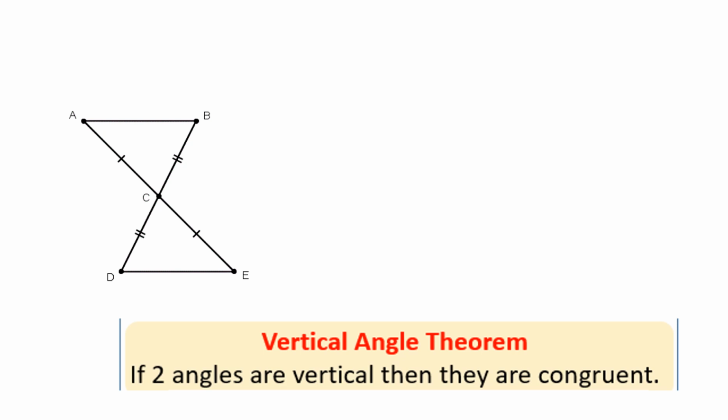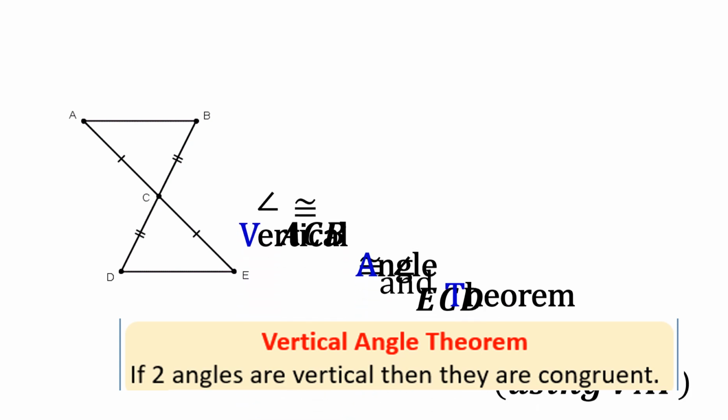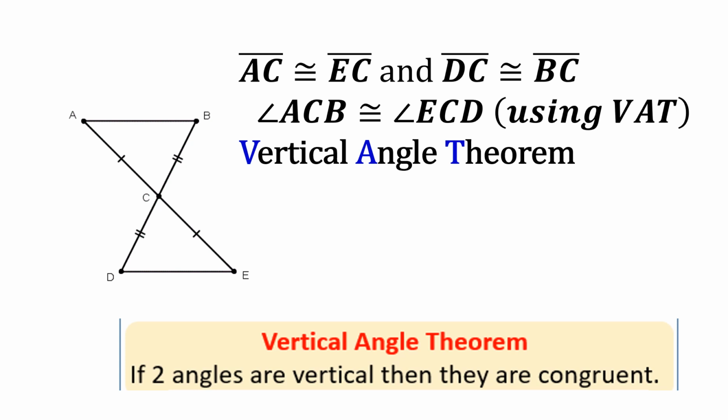Fourth exercise. Side AC is congruent to side EC, and side DC is congruent to side BC. And using the vertical angle theorem, since line segment AE and line segment BD intersect at exactly one point, we can have two sets of vertical angles, and we all know vertical angles are congruent.